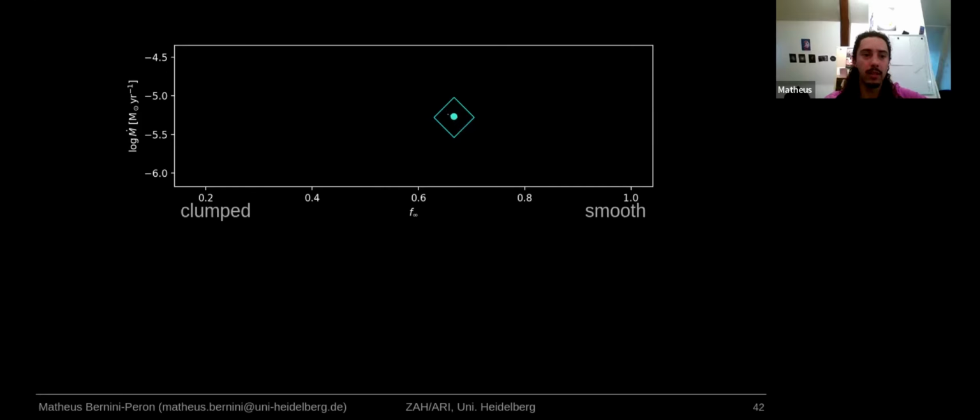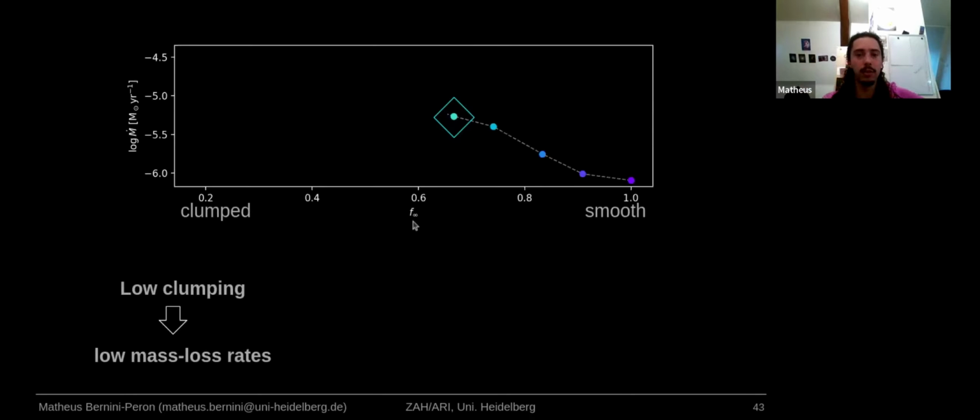Here I'm plotting the maximum clumping parameter against the output mass loss rates from our models, and we just vary the clumping. We took the same model and kept the properties, just varying this clumping parameter. And we noticed that when we put this clumping parameter to lower values, we start to get lower mass loss rates, basically almost an order of magnitude.